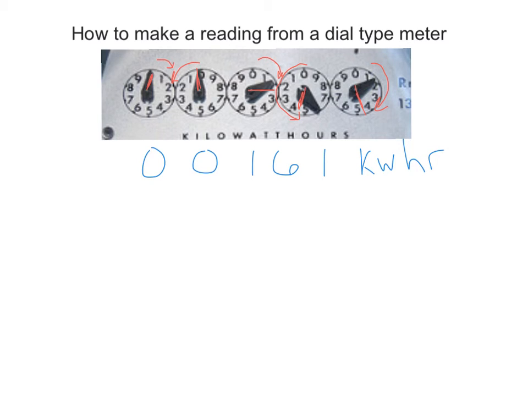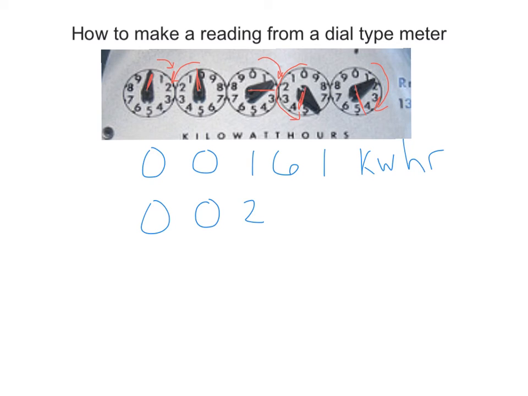Once again, if I start on the left-hand side and read to the right, my first one hasn't got to the 1 yet, so that's going to be a 0. My second one over hasn't reached a 1 yet, so it's still a 0. Notice that my third one, the one in the middle, has already passed the 2, but it hasn't quite reached 3 yet, so that's in the 200s place value.